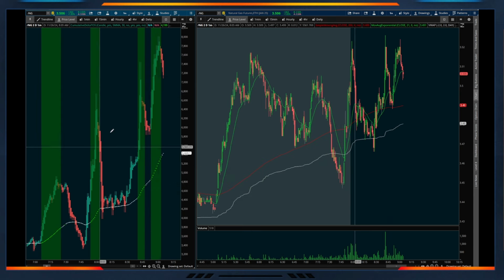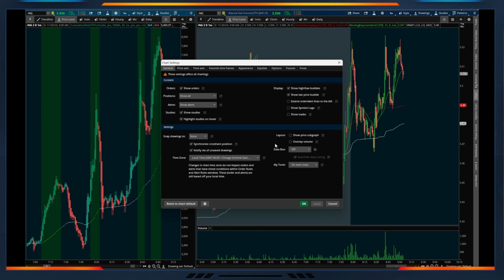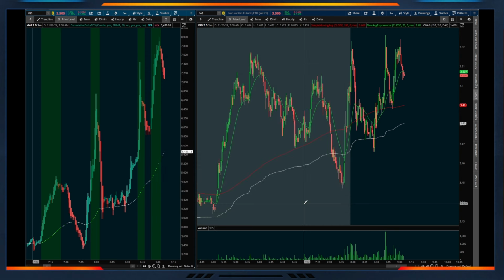And then in ThinkorSwim, we can have that as its own chart by clicking the settings and then unchecking this price subgraph. That's how to make an indicator take up the entire space here, instead of it just being a small pane at the bottom, similar to volume. So I basically overrode the chart with this indicator after I imported it in.